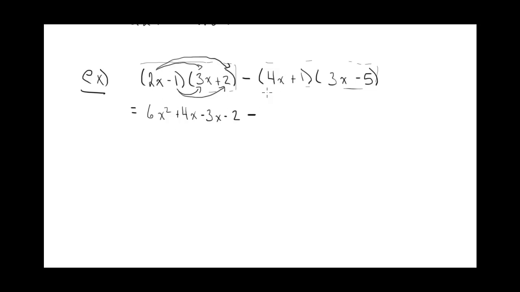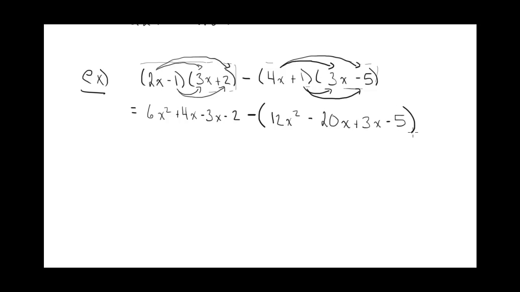Then we need to subtract, and now when I do this second one, I'm going to keep it all in a bracket, and you'll see why in a second. But now it's just the same, 4x into the second bracket, and the 1 into the second bracket. So 4x times 3x, 12x squared, 4x times minus 5, minus 20x, 1 times 3x, plus 3x, and 1 times minus 5.